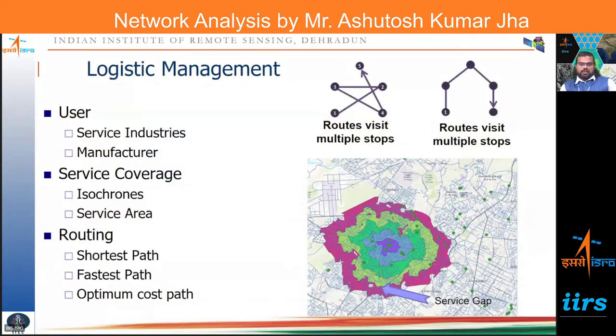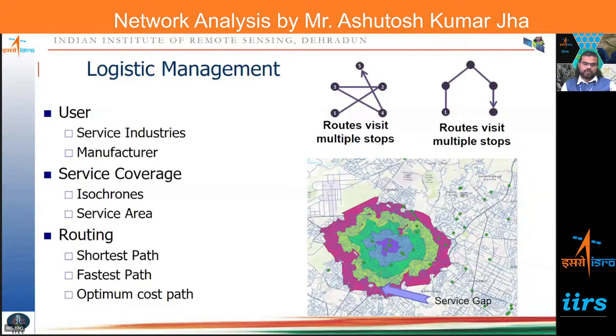In general, to carry out such logistics management, we look for service area coverage like isochrones. These are cases where we'd like to find out, within a given time, what the different places are which can be visited. Those are also called isochrone service areas.